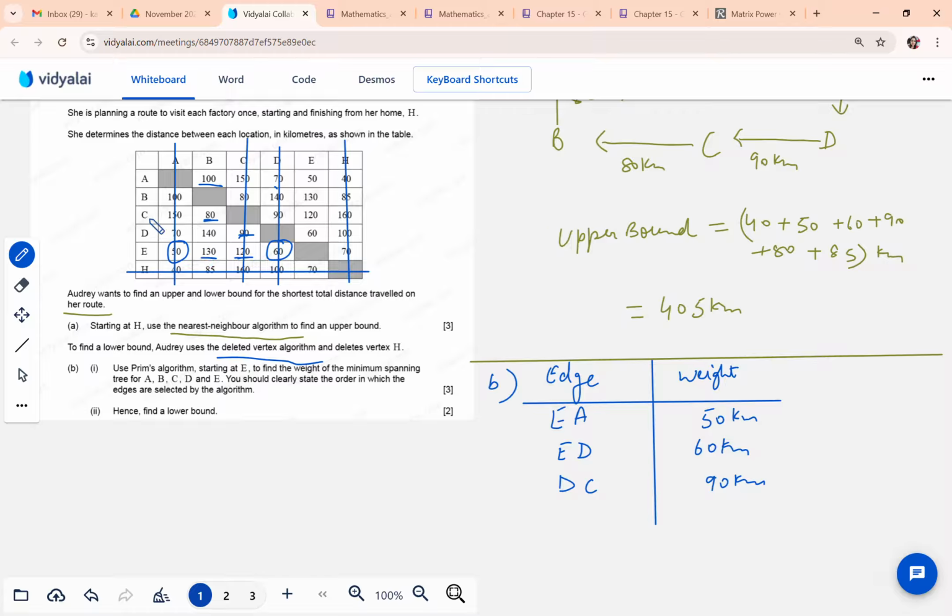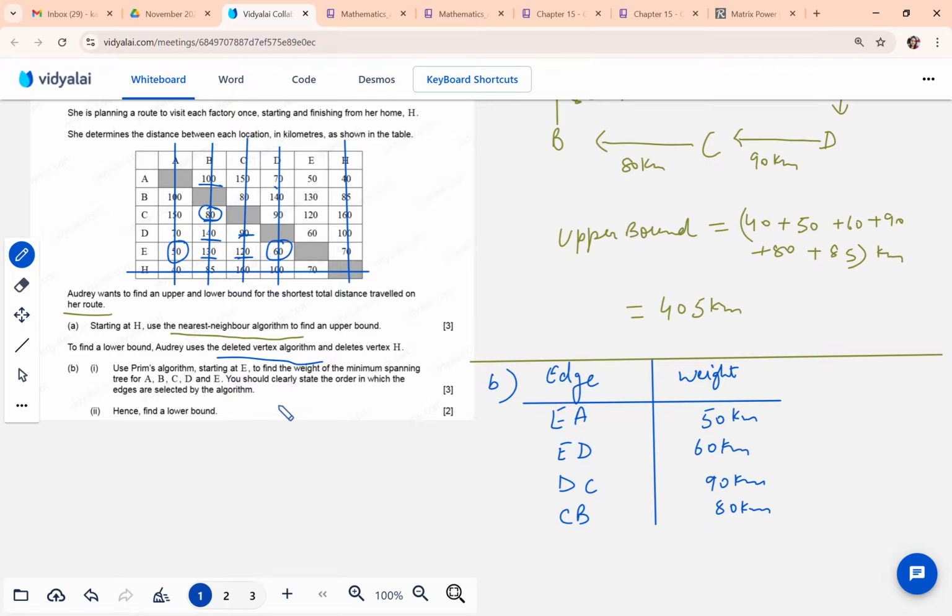From D, other than the ones already taken, we have 140, that is again large. So out of these three, we have 80, from C to B. So CB, that is 80 kilometers. We will consider that and we will cross B.